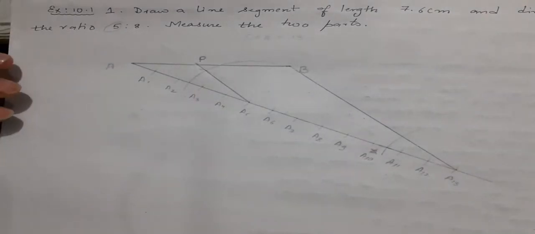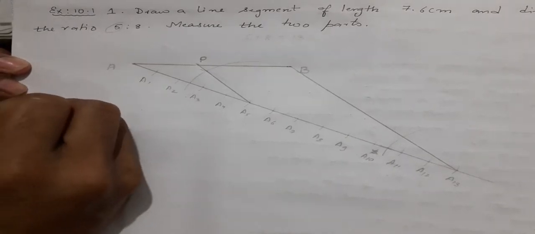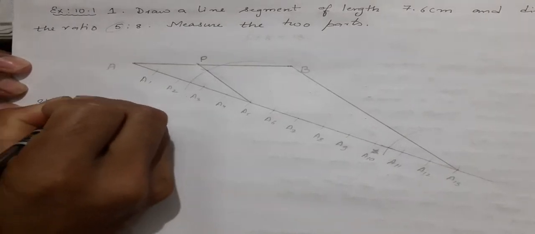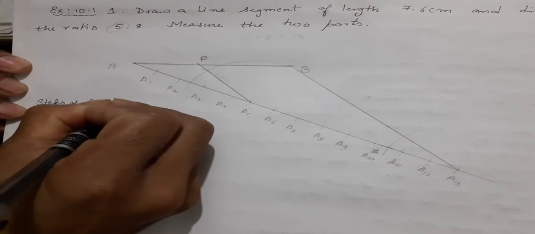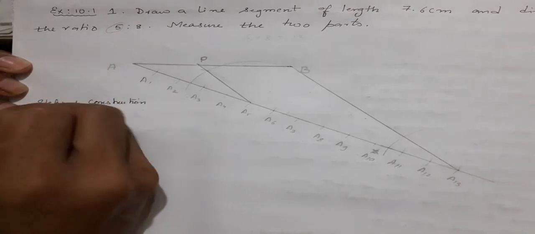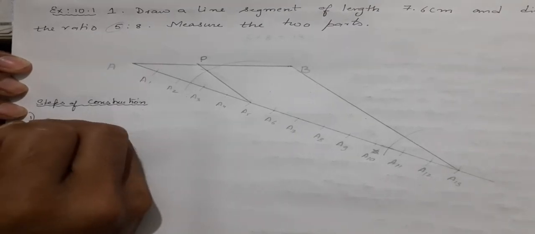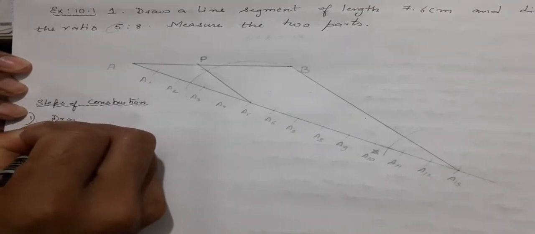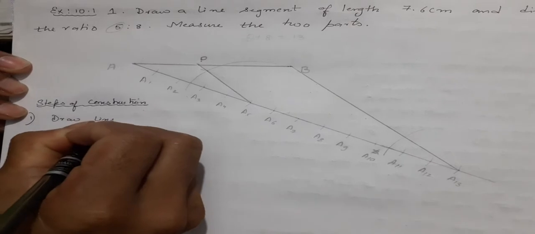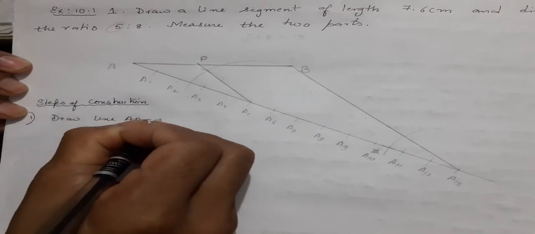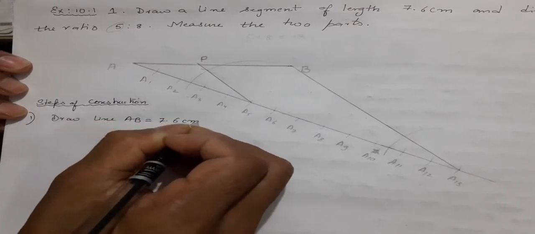Now after doing this, we need to write the steps of construction. How do we do this? Number one, draw line AB equal to 7.6 centimeter. Done.